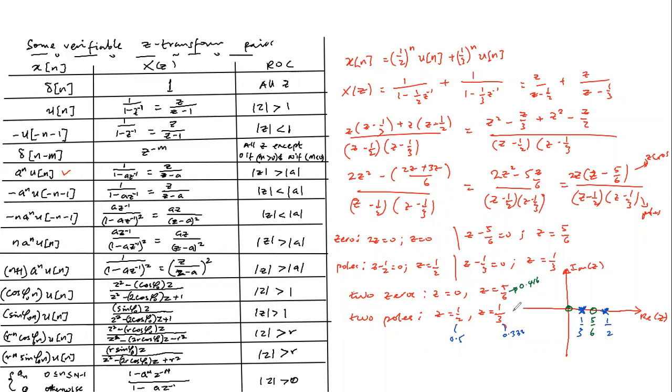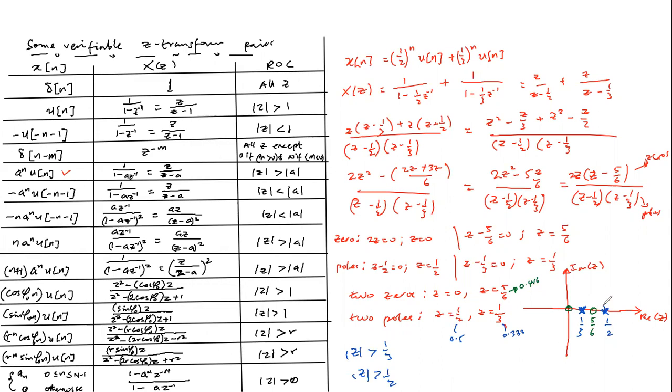And recall that a region of convergence must never include any other pole. And here we have z greater than 1 over 3 and z greater than 1 over 2. So it means that the regions of convergence of 1 over 2 and 1 over 3 overlap.